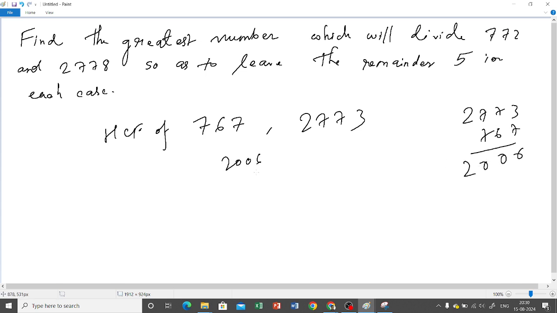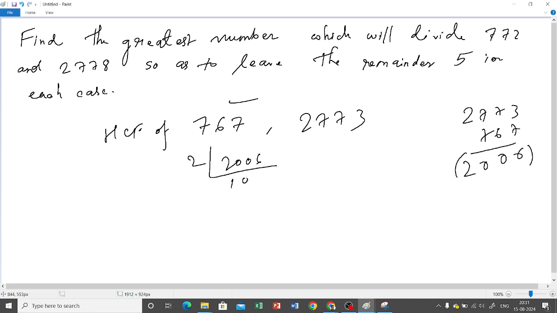We get 2006. Now any factor of this 2006 will be the HCF for this. Of course 2006 cannot be the HCF because 2006 doesn't divide 767, right? So we need to find out the other factor.